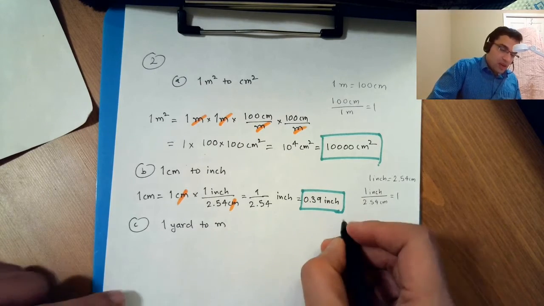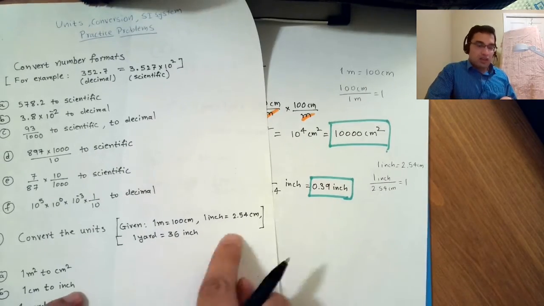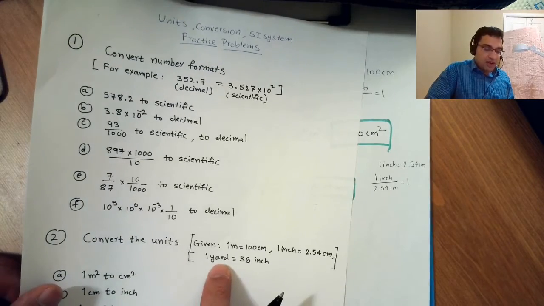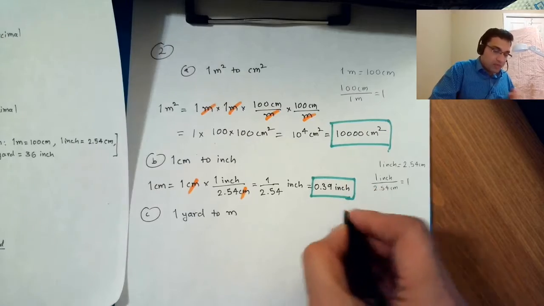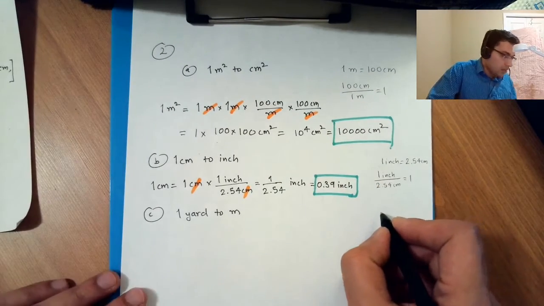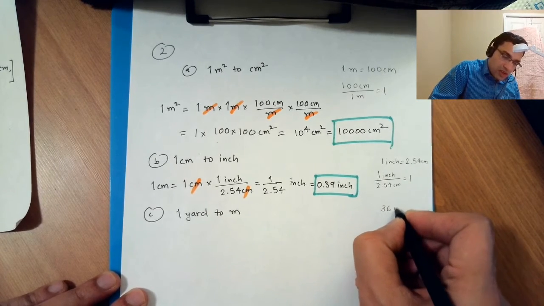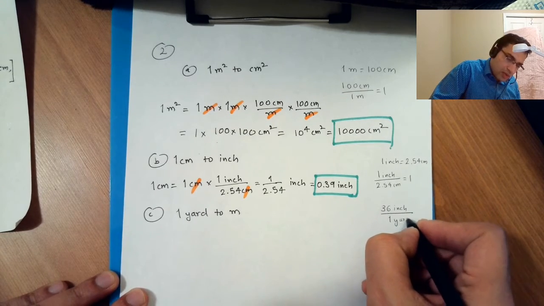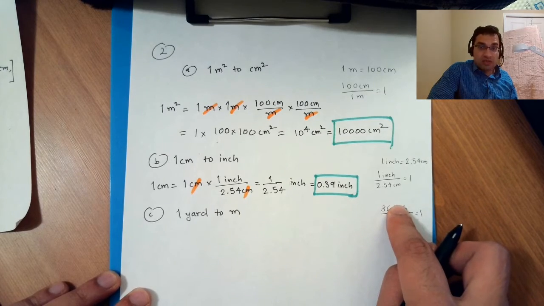I can use these relations here, this one for example. I can get rid of yard and convert it to an inch. So what would that factor be? I'll write it here on the right side. That factor would be 36 inches divided by 1 yard equals 1. That factor can get rid of yard, but then it gives you an inch.